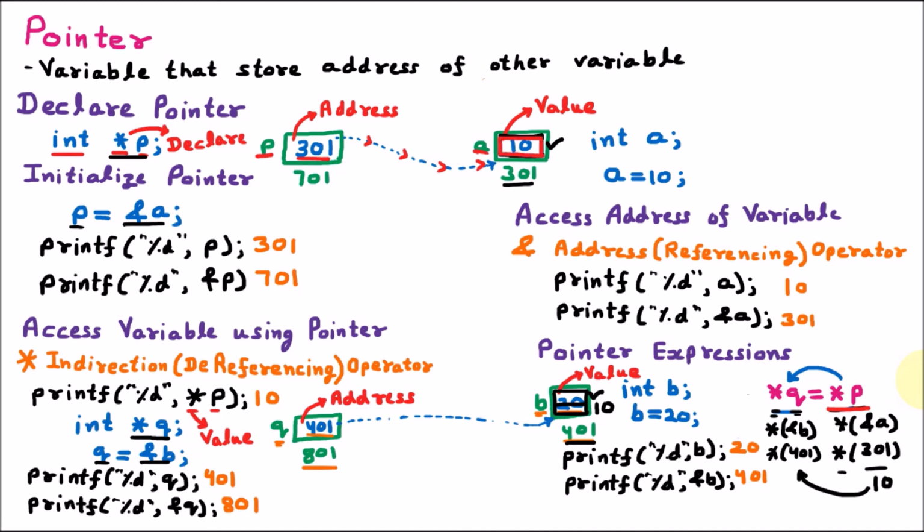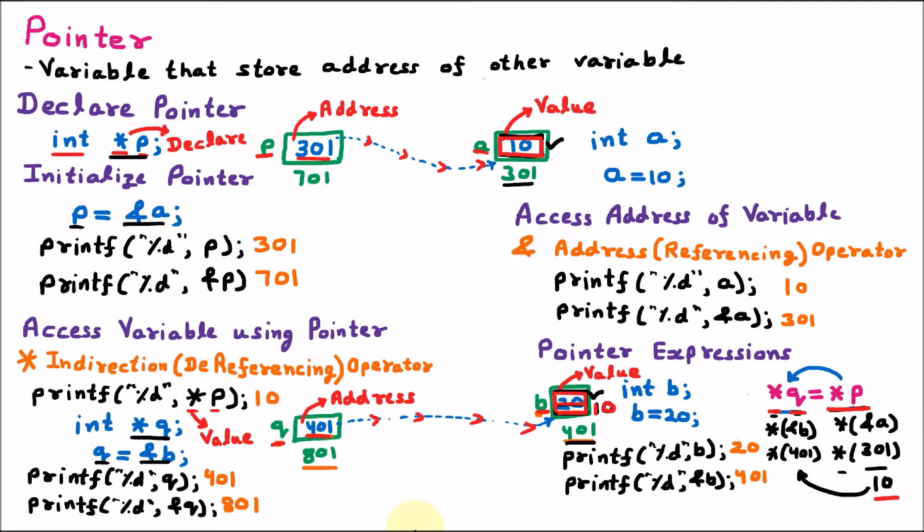So this is taken, and now it is going to be stored at *q, meaning the value portion where pointer q is pointing. q has address 401, that means it is pointing to b. And b's value part we are updating, and the updated value is 10. So here the value is updated.